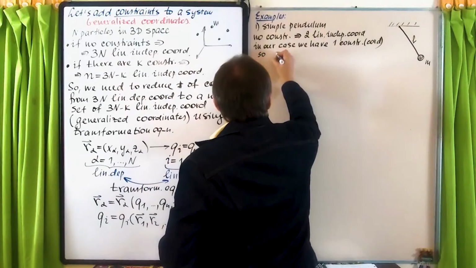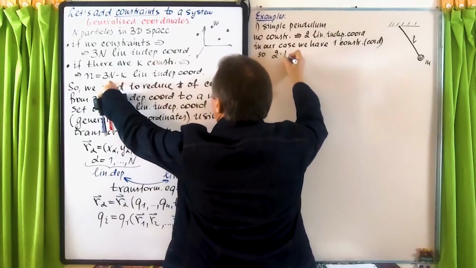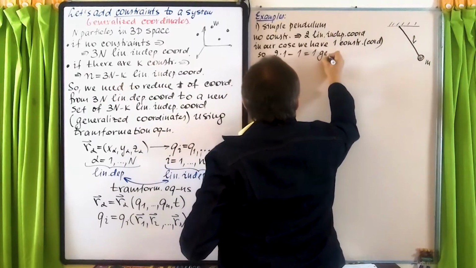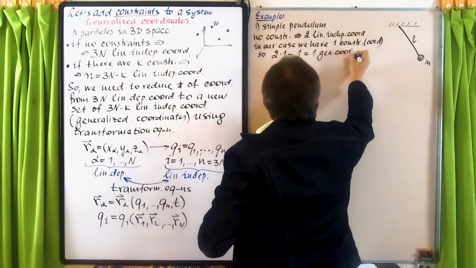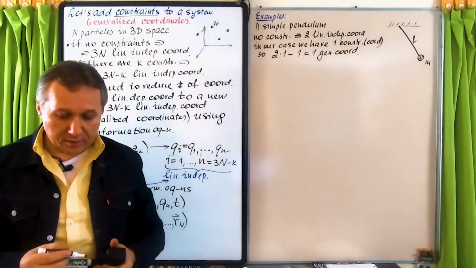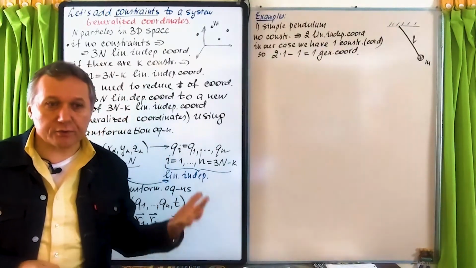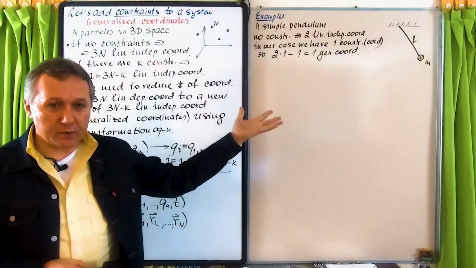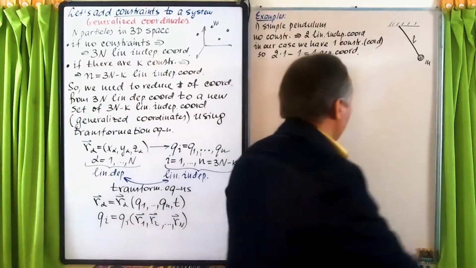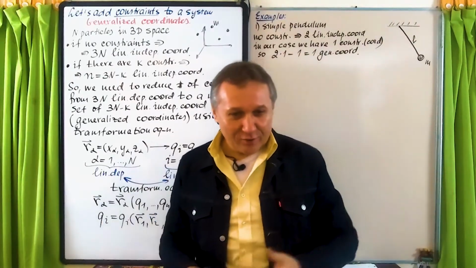Two-dimensional space, 1 particle, minus 1 constraint. So we need 1 generalized coordinate, and it's a 1-dimensional system. Right? Okay, so which coordinate to use? It's up to you. There are no strict rules which coordinate can be used in this case. You can still, for example, use only x, or y. Okay, let me introduce the coordinate system first of all, because I started using x's and y's, but I haven't introduced them yet.